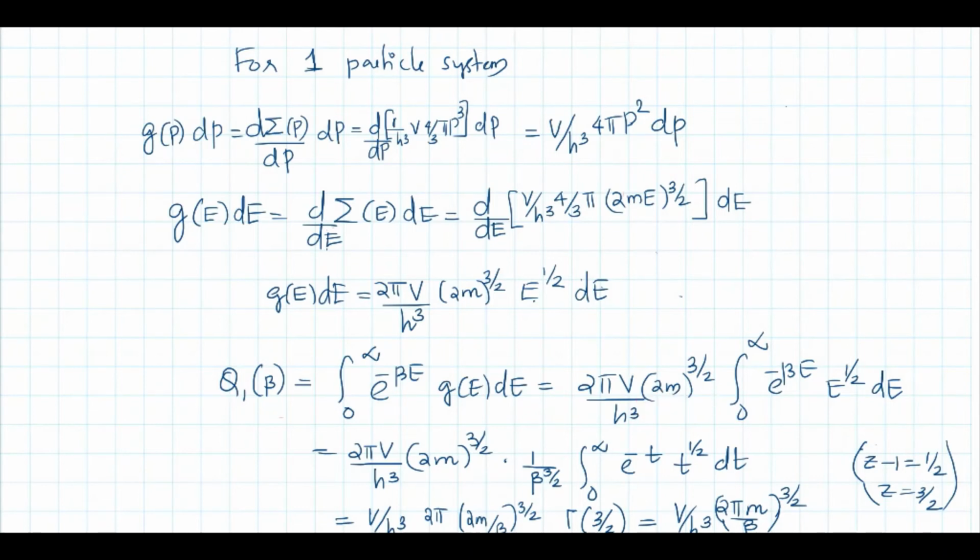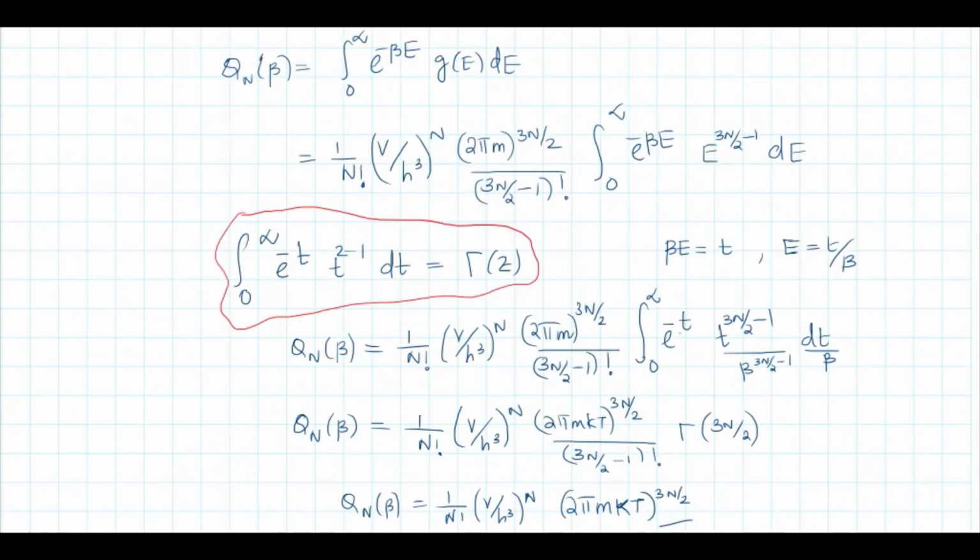Substitute here: 0 to infinity e raised to minus beta E, E raised to half dE. Again put beta E equal to t and solve. You will get V by h cube, 2 pi m by beta whole raised to 3 by 2. This is the single particle partition function because we started with the single particle density of states.